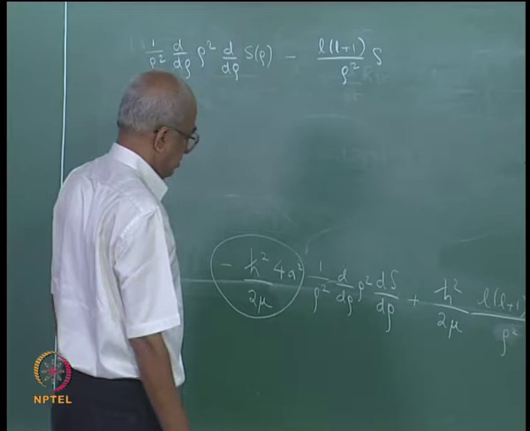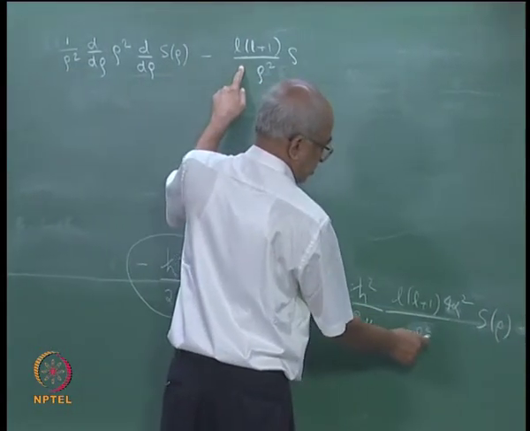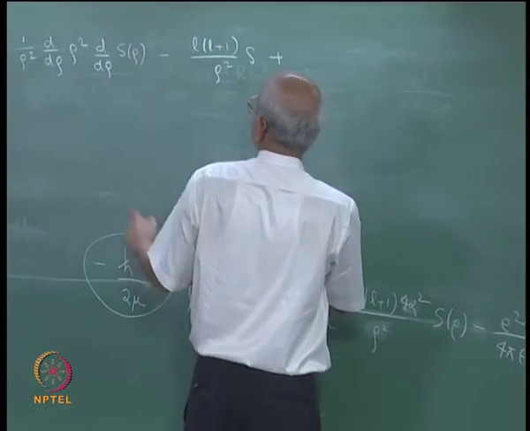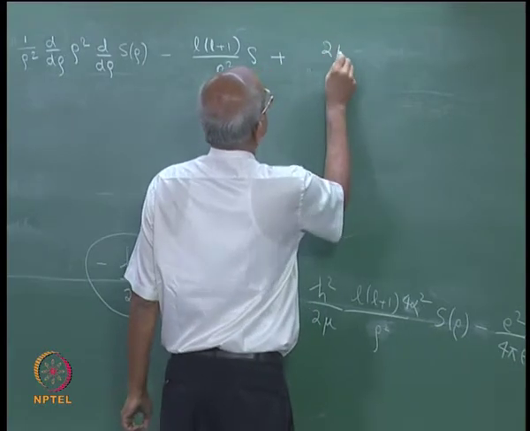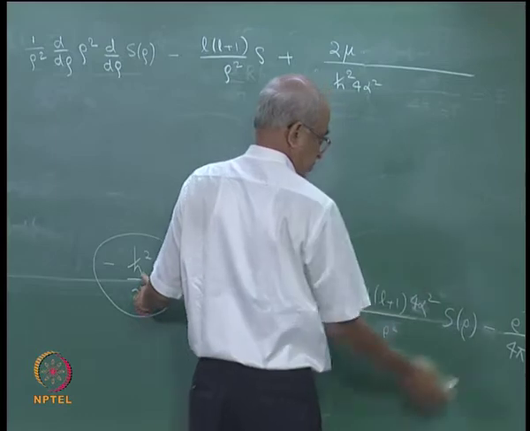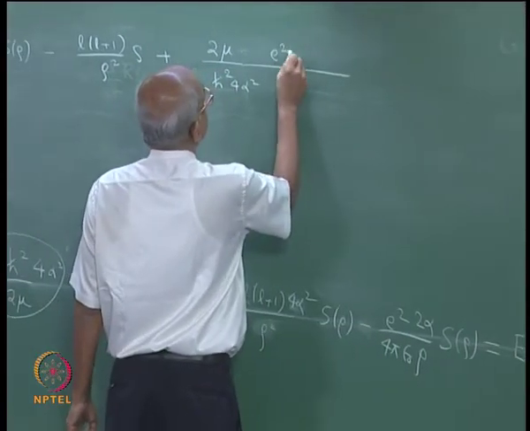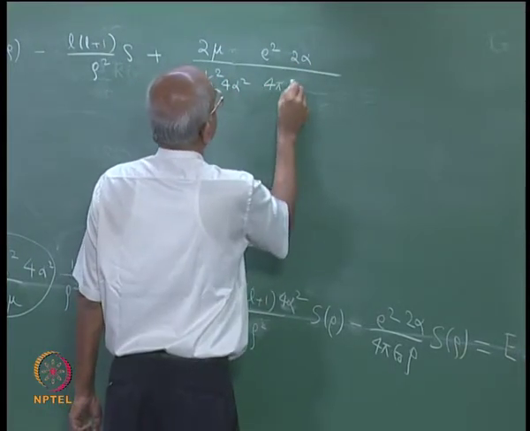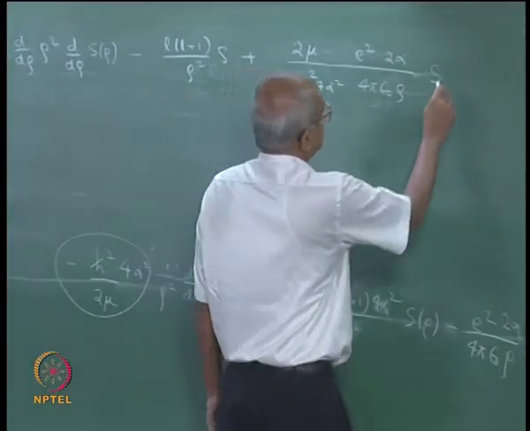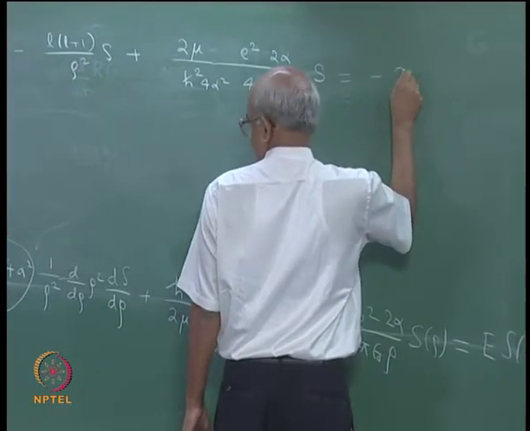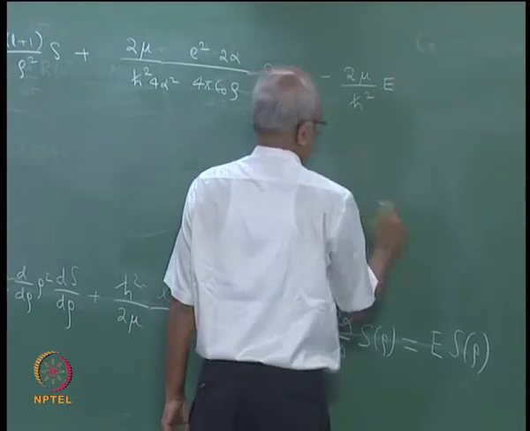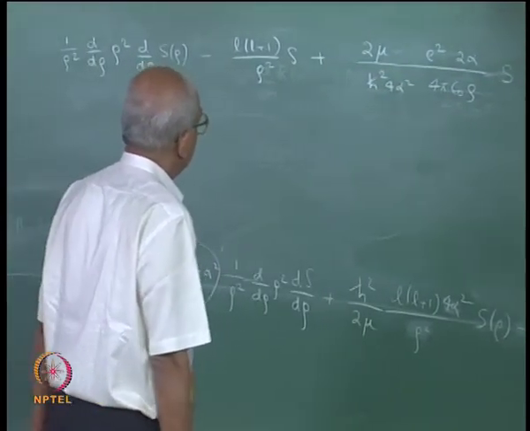Correct me if I make a mistake. This will become minus L into L plus 1 by rho square into S. The next term will become plus, and on the right hand side you are going to get minus 2 mu divided by h cross square into E. Is that all? 4 alpha square, right?